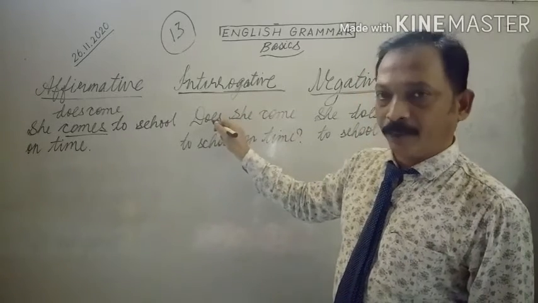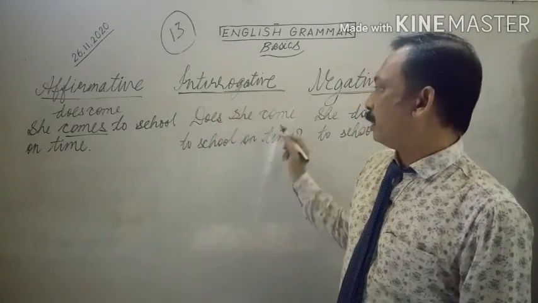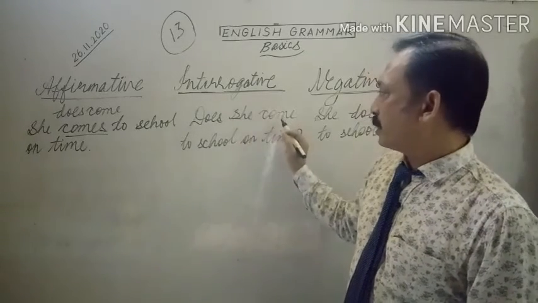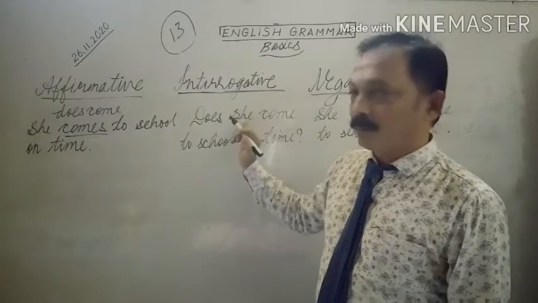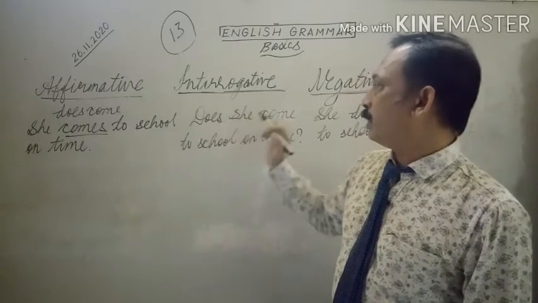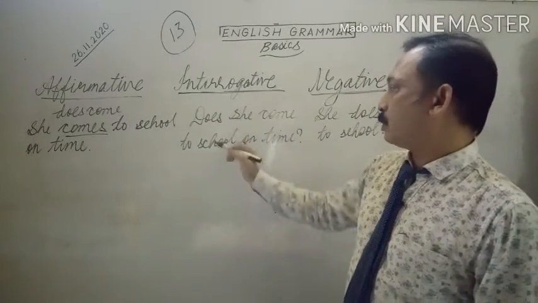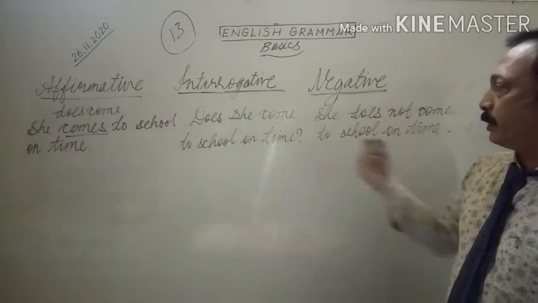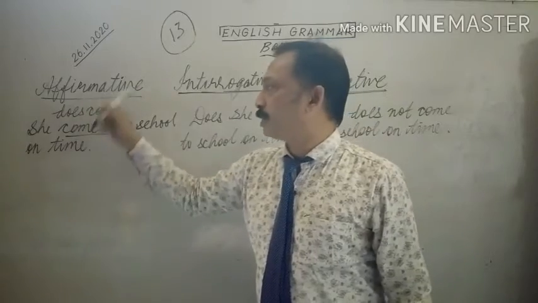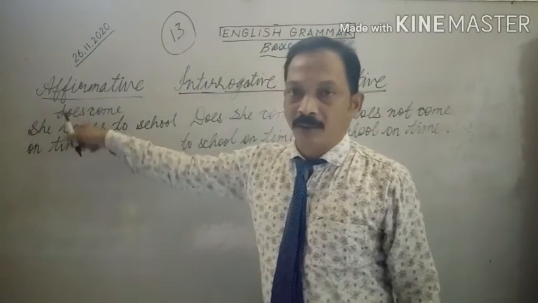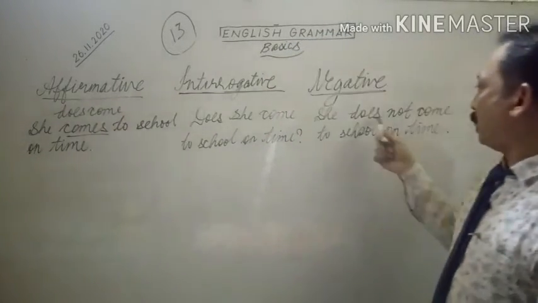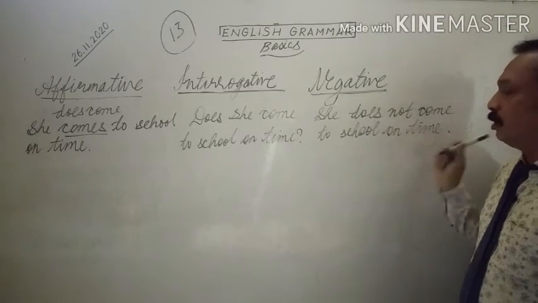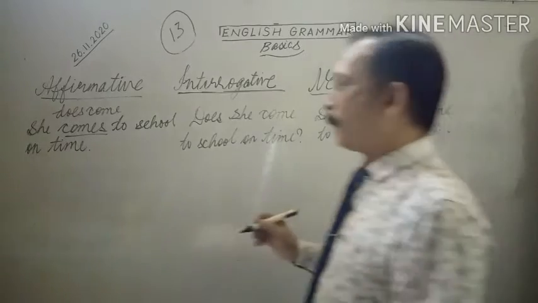The helping verb first, then the subject and the main verb. Here does is the helping verb and come is the main verb, and she comes in between. Does she come to school on time? The remaining part is the same. As for the negative, it's very easy. You have broken up the main verb and got does and come, and added not to the helping verb: she does not come to school on time. Alright?